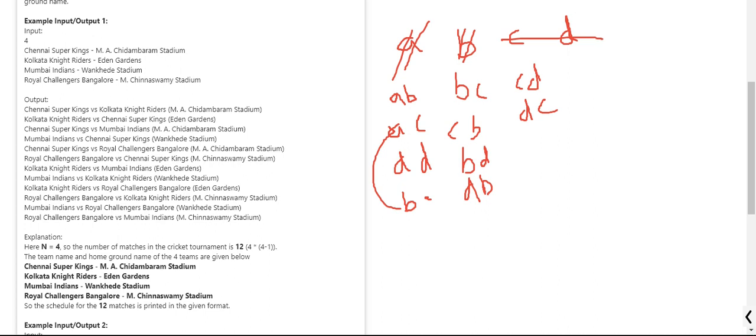Now we can omit the whole part. It seems like kind of a permutation thing, right? We have to traverse from 1 to n minus 1 first for the outer loop. Then we have to traverse from i plus 1 to n. That's what we are going to do.